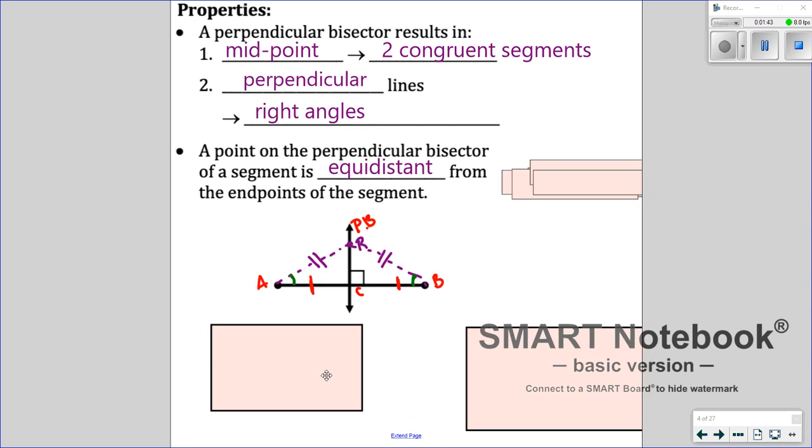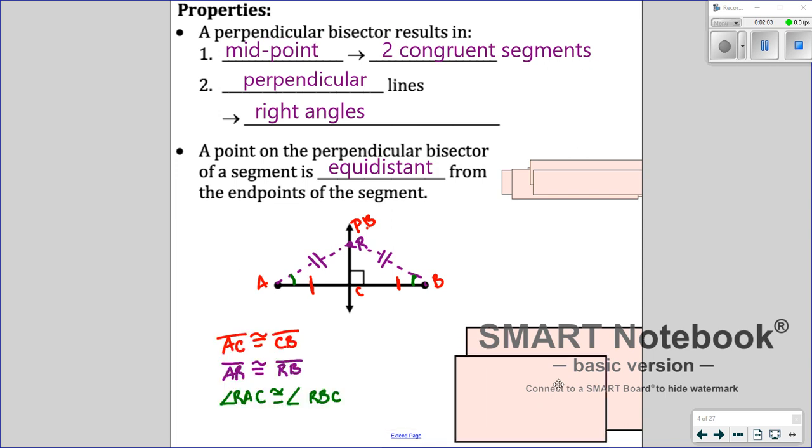So we have a picture here, a diagram of a segment, and a perpendicular bisector is cutting right through it. So what happens is that you get a right angle, as seen in this symbol, and then you get 2 congruent segments, AC and BC. And if you were to put a point, which I've done, point R, on the perpendicular bisector and draw a line to each end of the line segment, then those lines, which are RA and RB, will also be congruent.